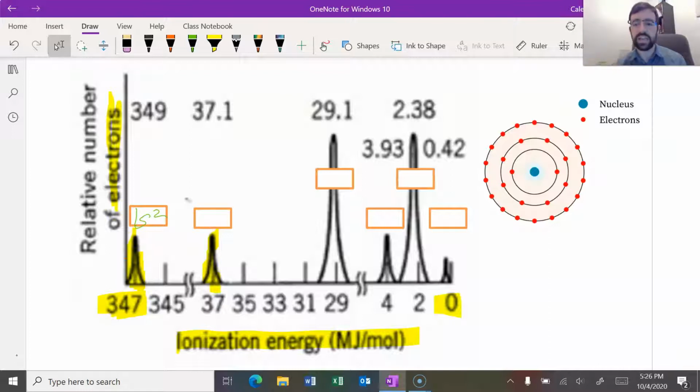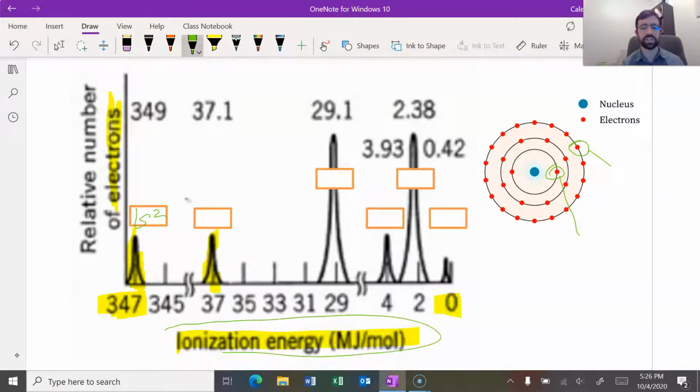All right. And let's take a look at this Bohr atom that I have on the side. What we're saying is it is harder to take these electrons away than it is to take these electrons away. Even though it may seem kind of counterintuitive, remember, this is the highest electron energy level, but this one, even though it's the lowest electron energy level, we're talking about ionization energy, which is the energy required to remove an electron.